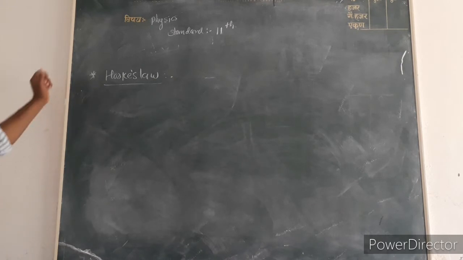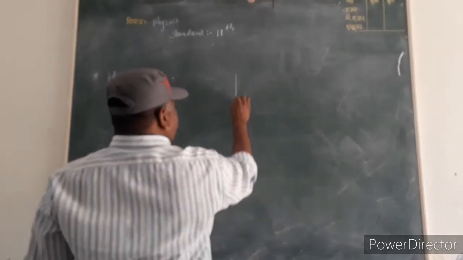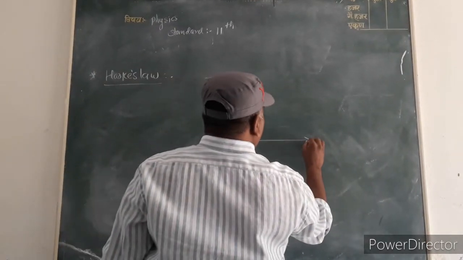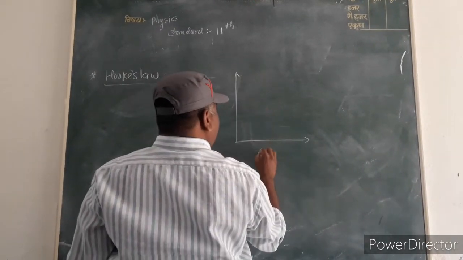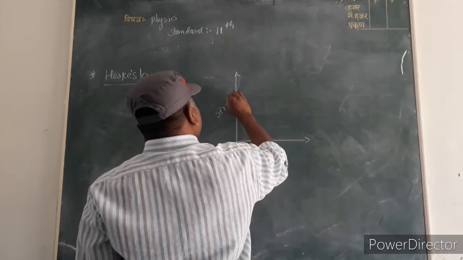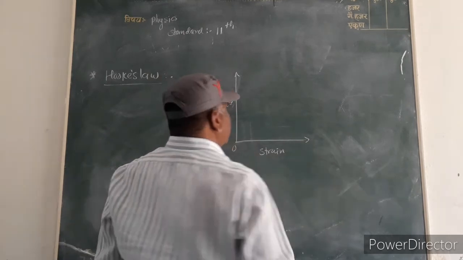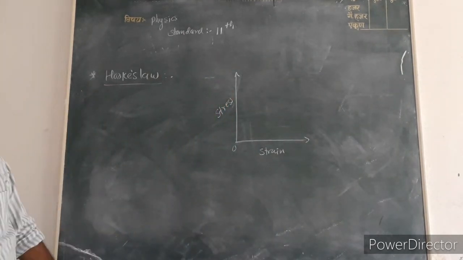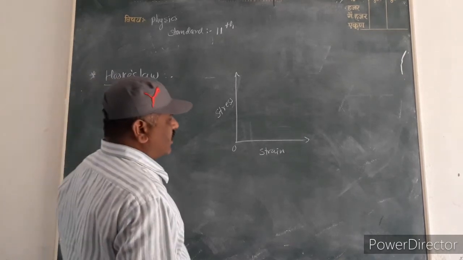The scientist Robert Hooke observed two quantities, that is strain and stress. This is the origin. And he plotted a graph of stress versus strain.